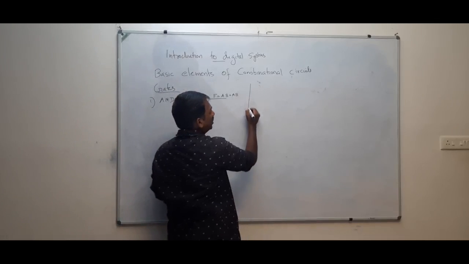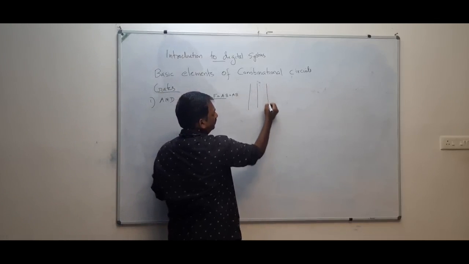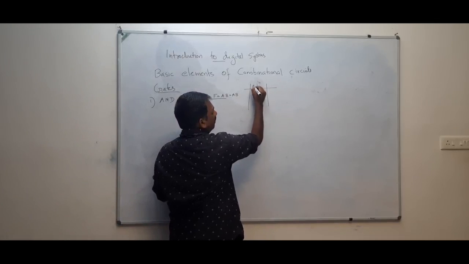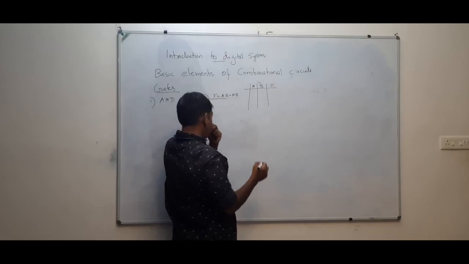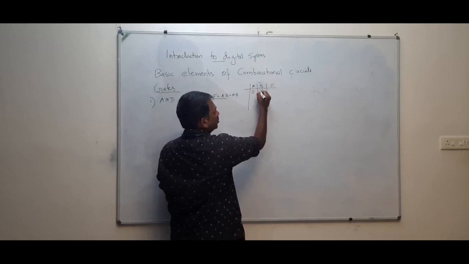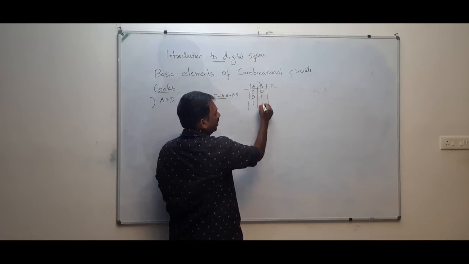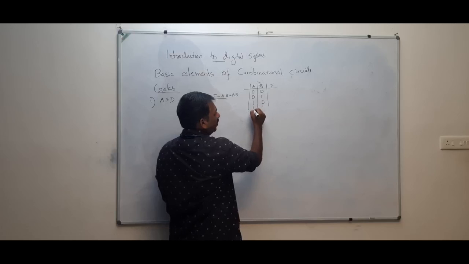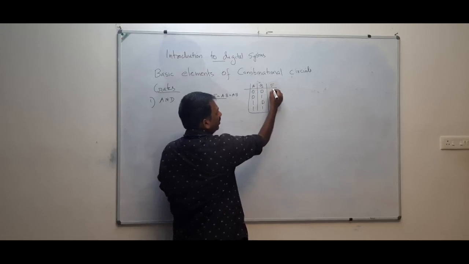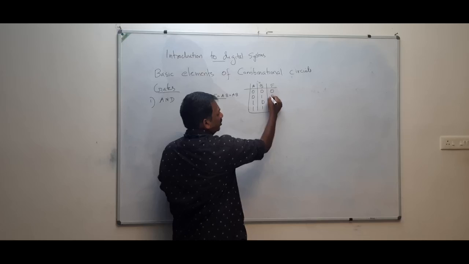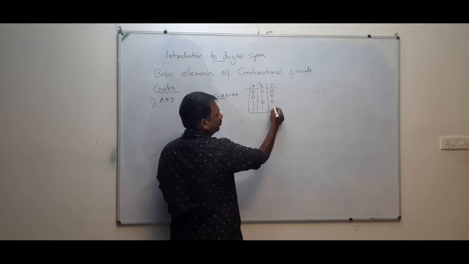And the truth table for that is, suppose that you have A and B, and the function is A dot B. Here you have 00, 01, 10, 11. And what is the output produced? Here F is equal to 0 into 0, 0; 0 into 1, 0; 1 into 0, 0; and 1 into 1, 1.